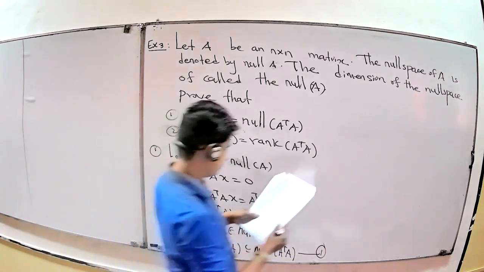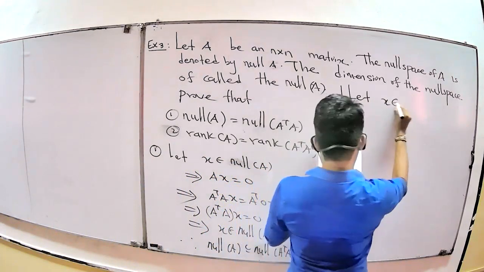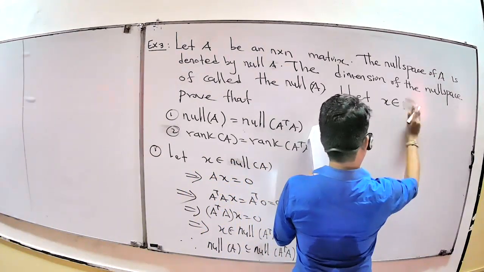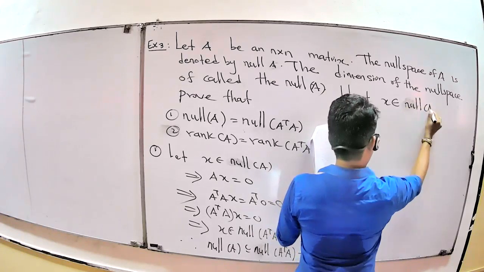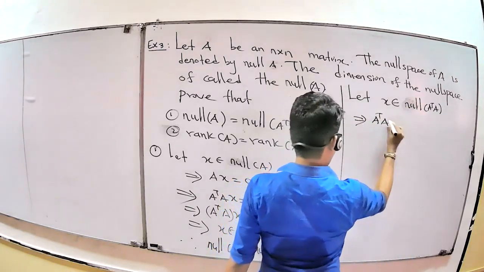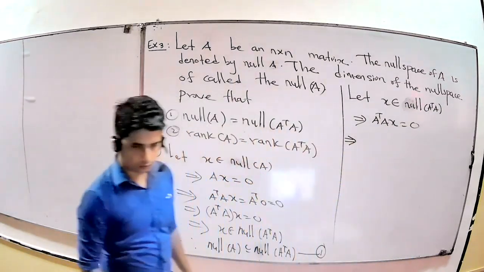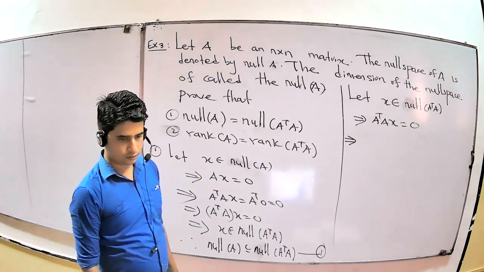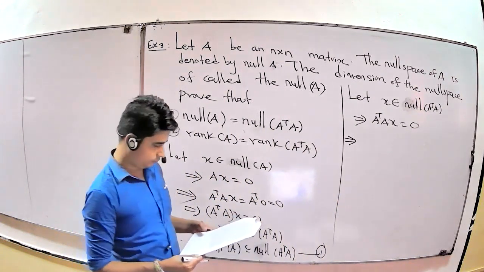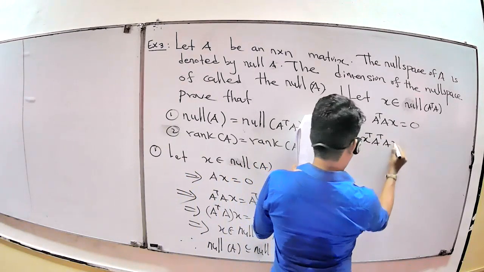Now let x belong to null of A transpose A. Then you get A transpose Ax equals 0. Now you multiply both sides by x transpose: x transpose A transpose Ax equals 0.